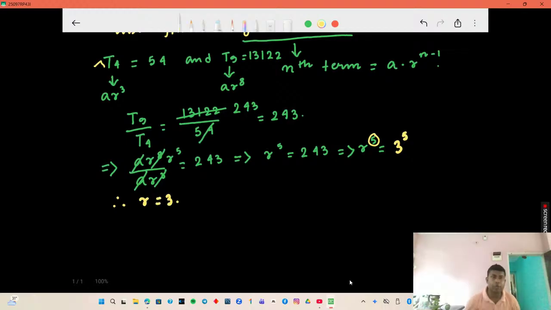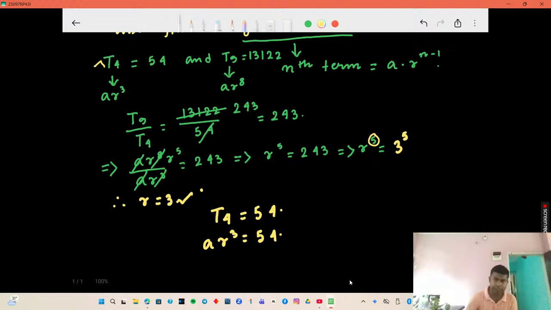Okay, therefore here the common ratio is 3. The common ratio is not 2, it is 3. Now here it is given that T4 is equal to 54. So what is the value of T4? The value of T4 is A R cube is equal to 54. Is it clear to you?